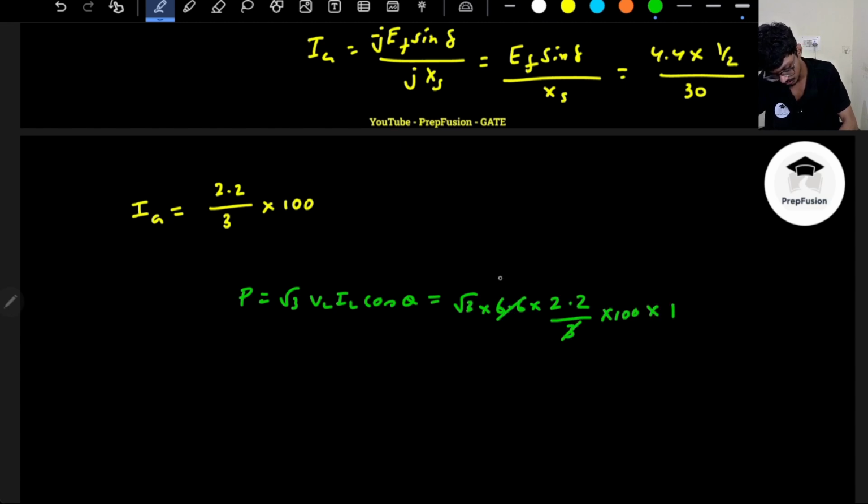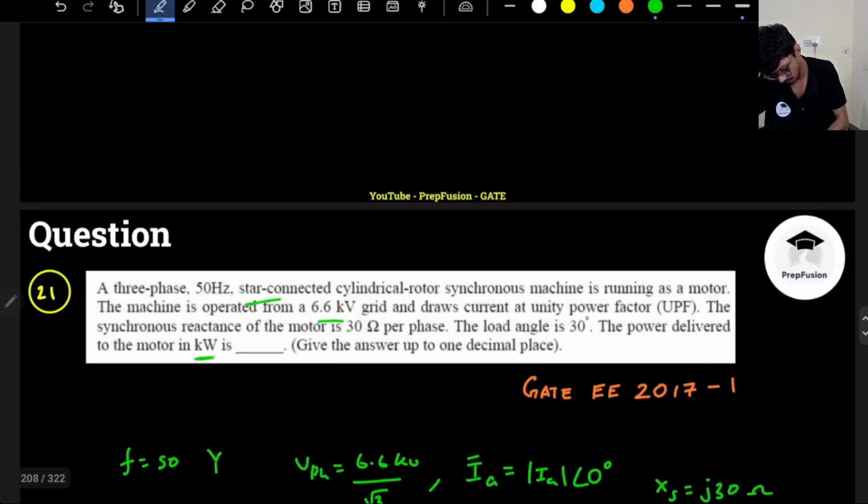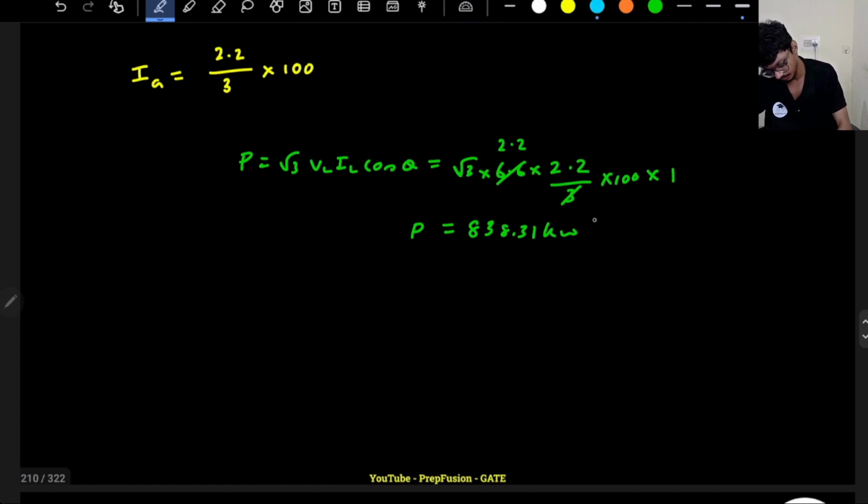This will be 2.2 whole square into root 3 into 100, so 838.31 kilowatt is my answer. They have asked in kilowatt only, so the answer will be 838.31.